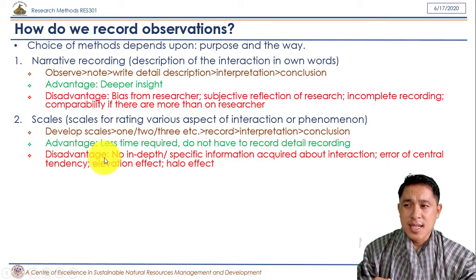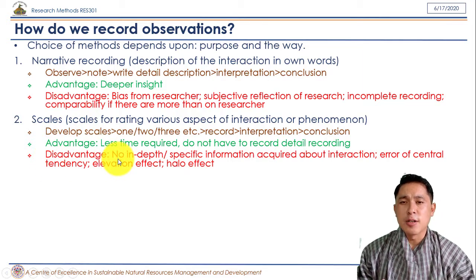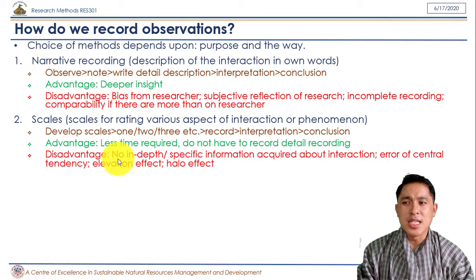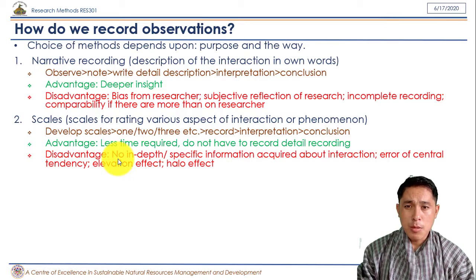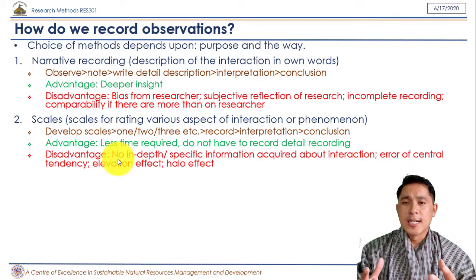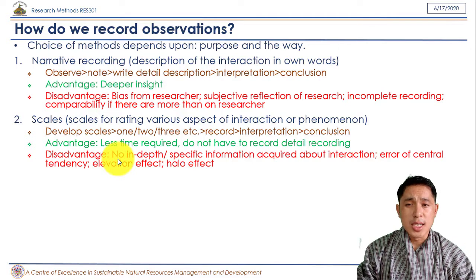The disadvantage is that scales do not provide in-depth or specific information, because you do not have space to write any other in-depth information that has come out during the observation.